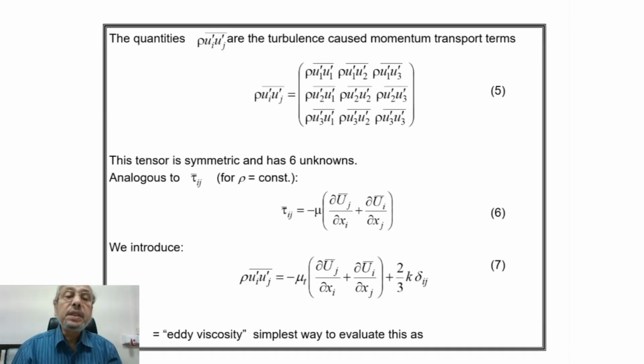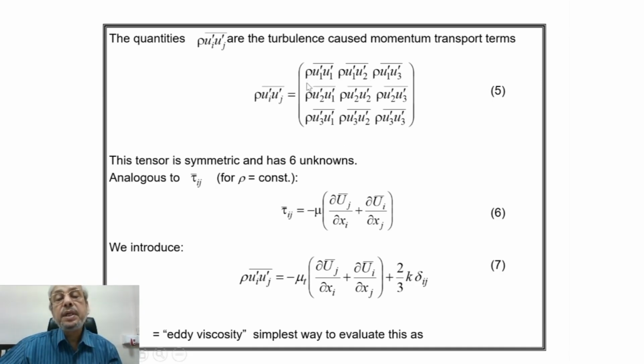So the quantities rho u i prime u j prime are the turbulence-caused momentum transport terms, and if we use the tensor notation, we can write rho u i prime u j prime over bar equal to all these quantities.